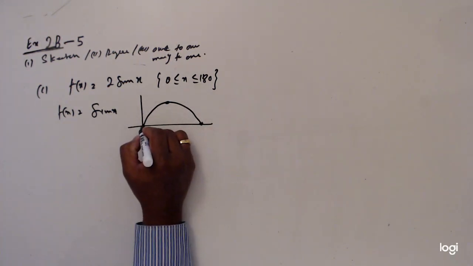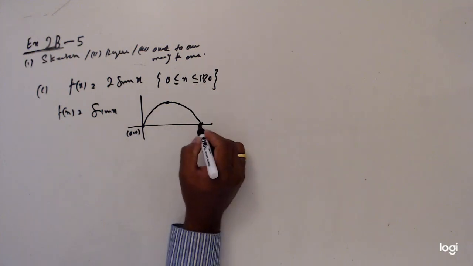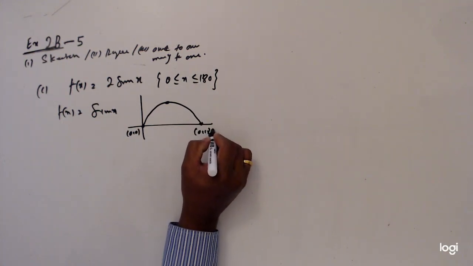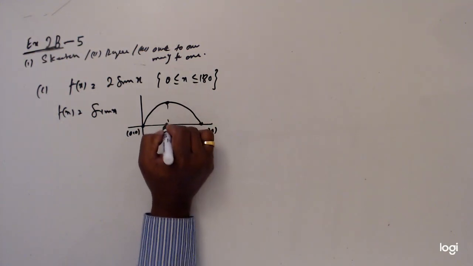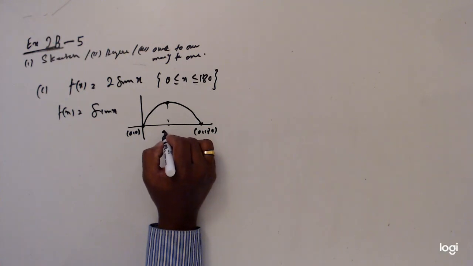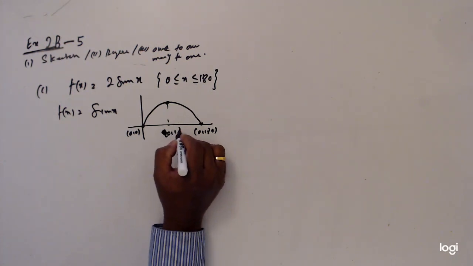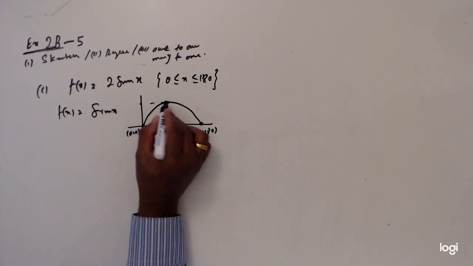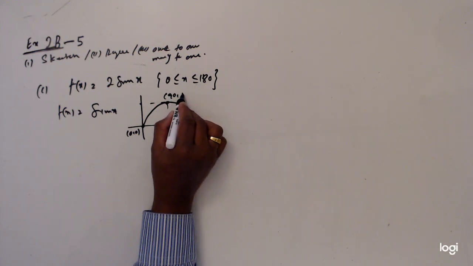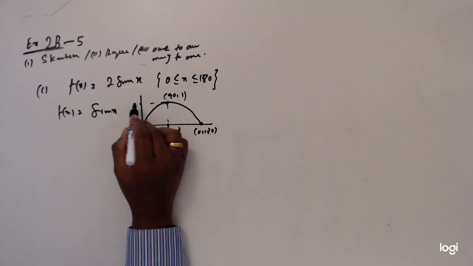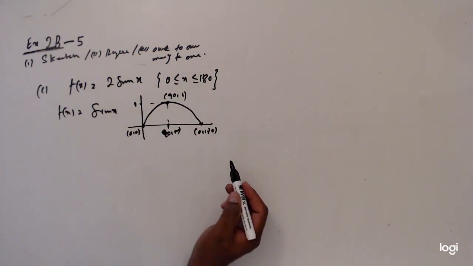Basically, this is 0, 0, and this is 180, 0, and this is 90, and the coordinate is (90, 1). This is 1.